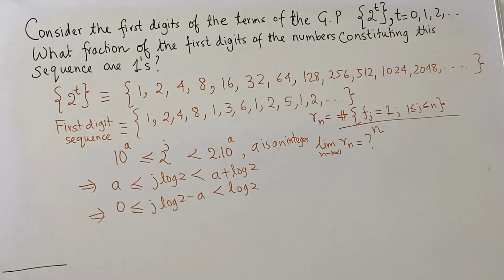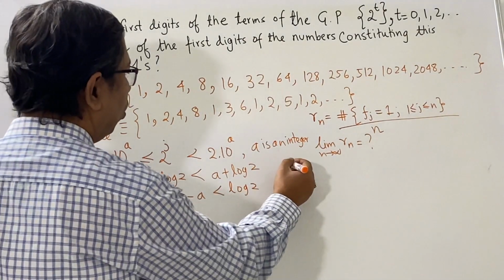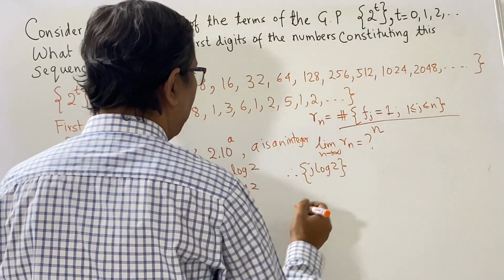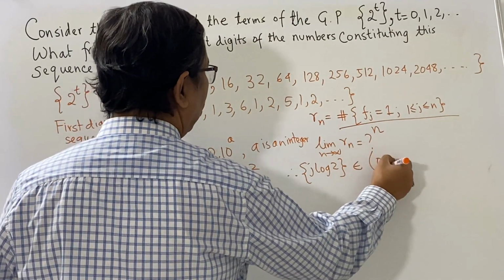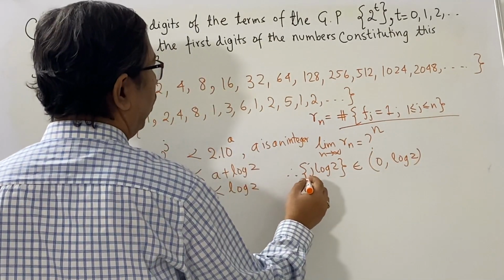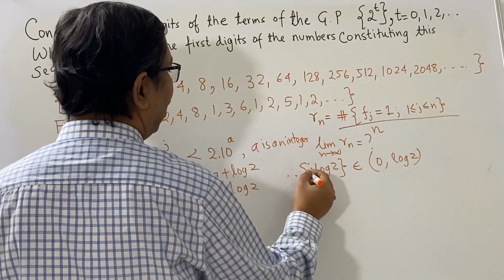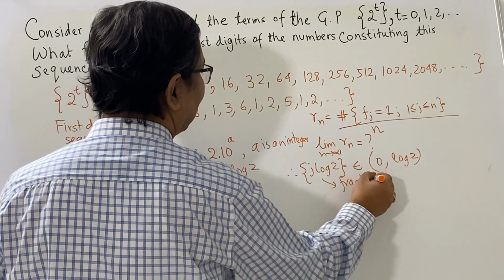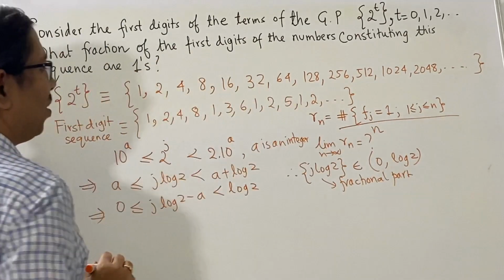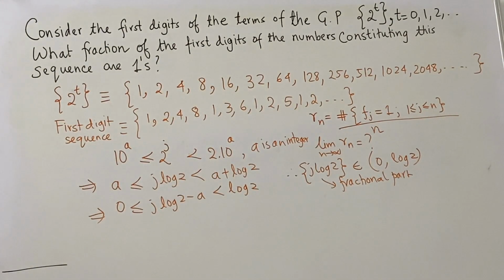So, if you look at the fractional part of j log 2, this belongs to the interval 0 to log 2. Please be careful with the notation, because here this is indicating the fractional part, whereas there it is denoting the sequence. There is a little problem with the notation, but be careful with it.